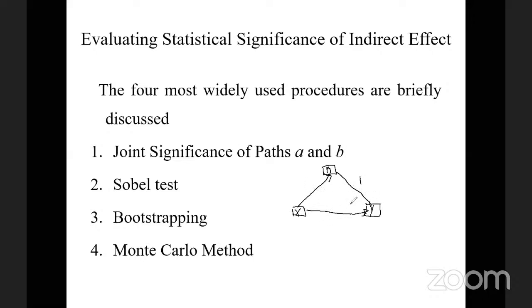We have the total effect, y and x. The total effect, the sign of this is c. There are two cases. One, when it is an unmediated relationship, we are not taking the mediator variable, we are just checking the relationship between x and y.